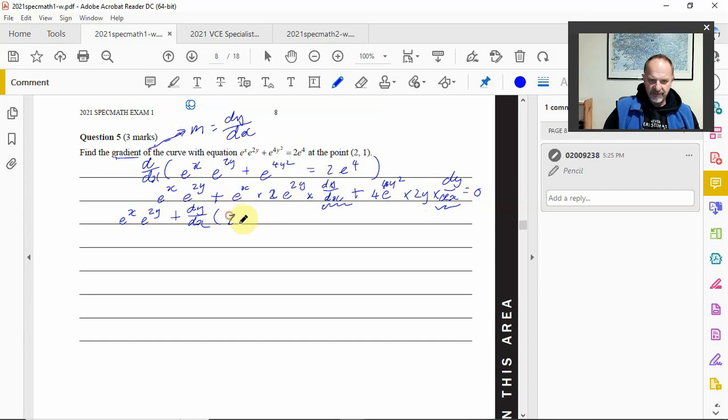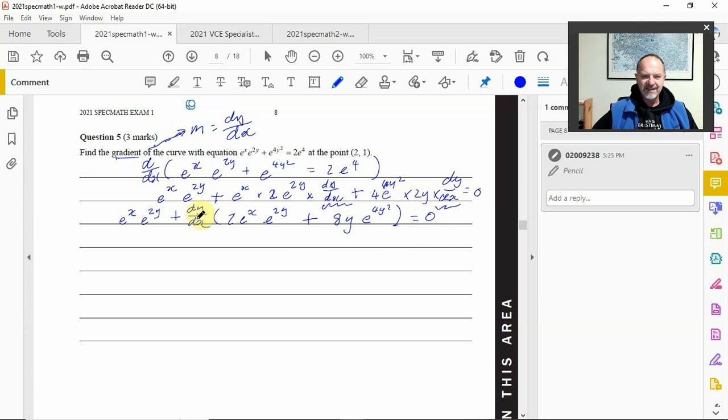With this bit, I've got 2e to the x, e to the 2y. And this other term, I've got 4 times 2y, so that's 8y, e to the 4y squared, equals 0.